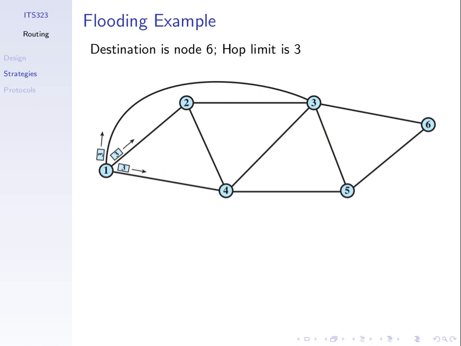And what the diagram shows is that node 1 takes a packet and it makes 3 copies of it. It makes 3 copies because it has 3 neighbours, 2, 3 and 4. The number inside this packet on this diagram is the hop counter, initially 3. So node 1 sends a copy to its 3 neighbours.